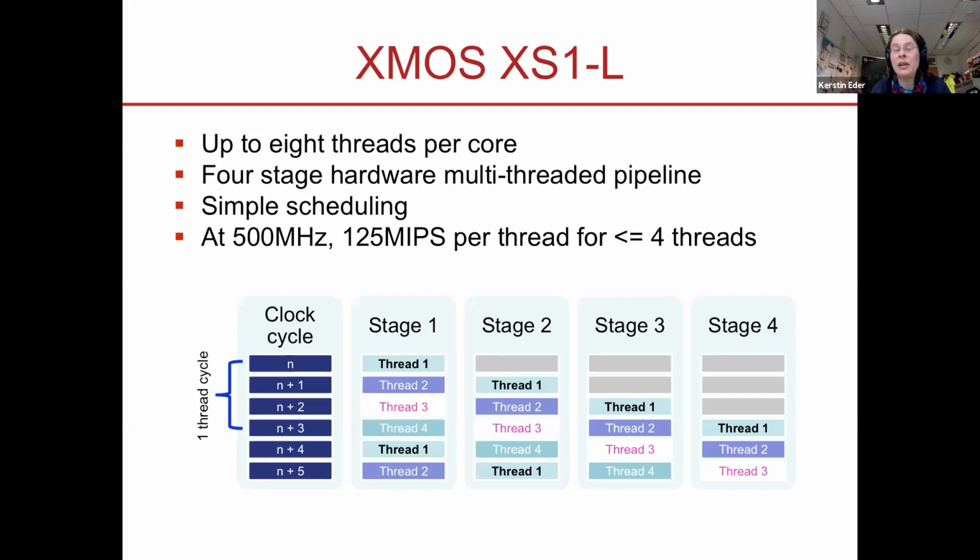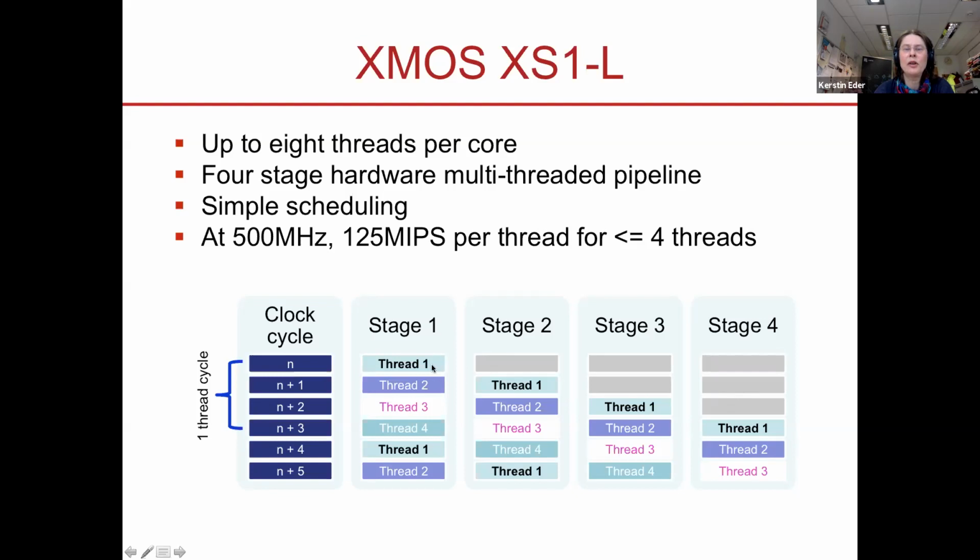And so we thought this would be an ideal target to start our investigation into energy consumption analysis. At 500 megahertz, you get 125 MIPS per thread, provided there are less or equal to 4 threads in the pipeline, because the pipeline is maximally loaded with 4 threads. So this is a really simple architecture.